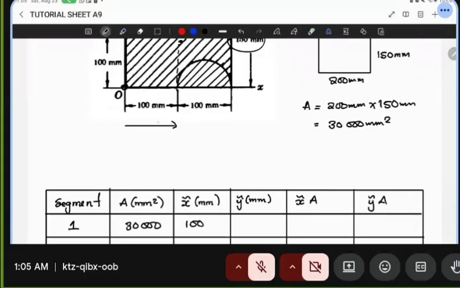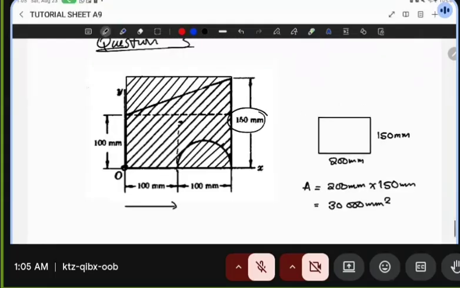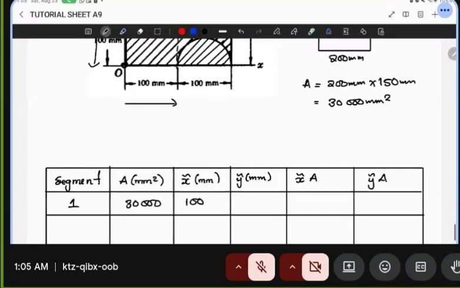Direction is important. If it's to the right, positive, to the left, negative. In the vertical, we go up to halfway of the full height. The full height is 150, so halfway is 75. We're okay there, right?